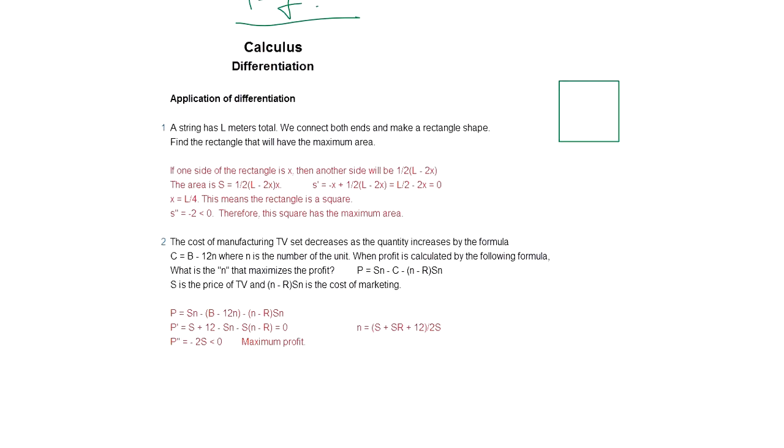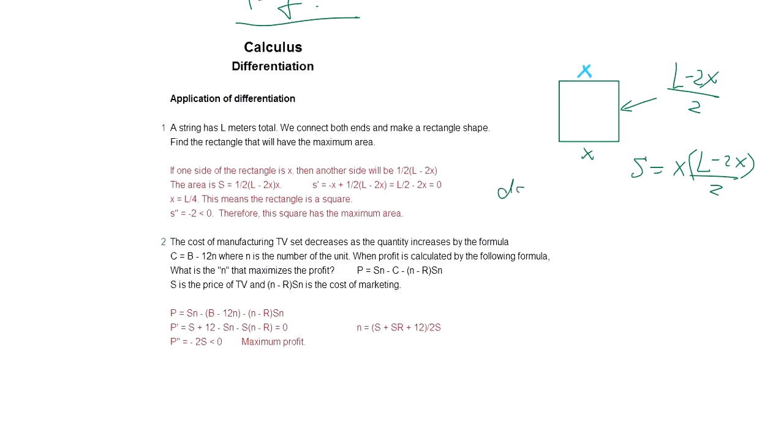Now, this is x. Okay, so this one is (L minus 2x) over 2, right? So the area is x times (L minus 2x) over 2. So find the maximum.